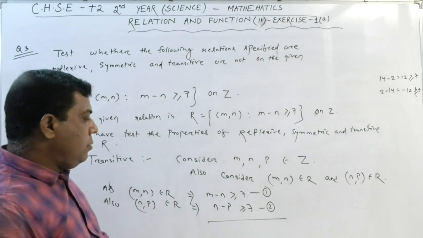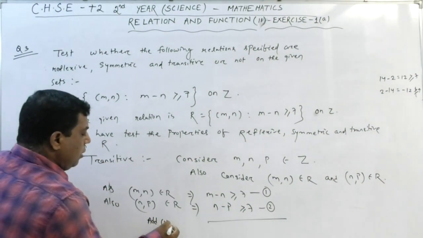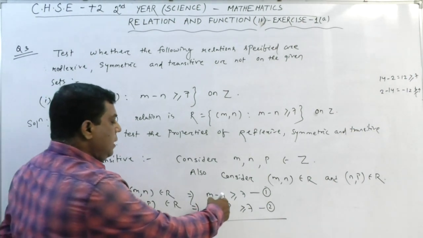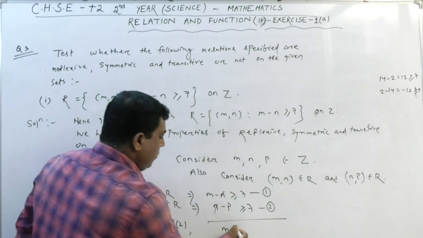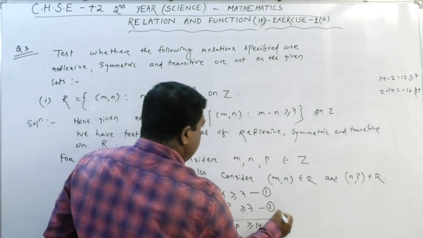Now, if adding 1 and 2, what you get? You see minus n is cancelled with plus n, and you get m minus p is greater than or equal to 14, which is obviously greater than 7.